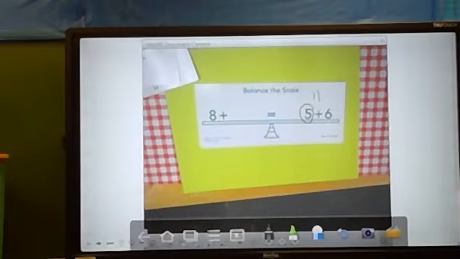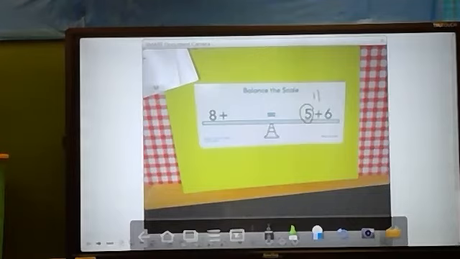Well, right now we're studying partners for 10. And the partner for 8 to equal 10 is 2. 8 plus 2 equals 10. 11 is 1 more than 10, which means my missing add-in must be 1 more than 2.